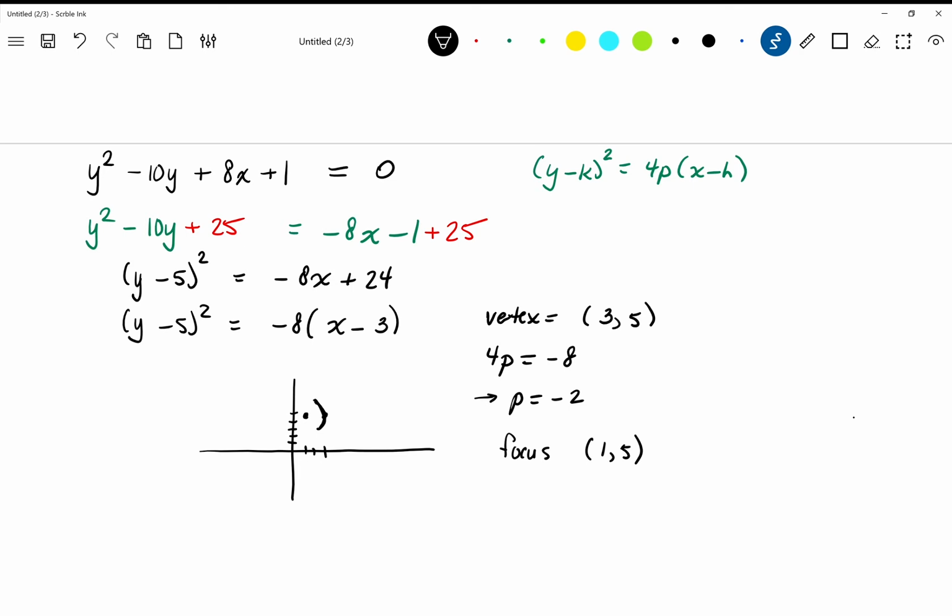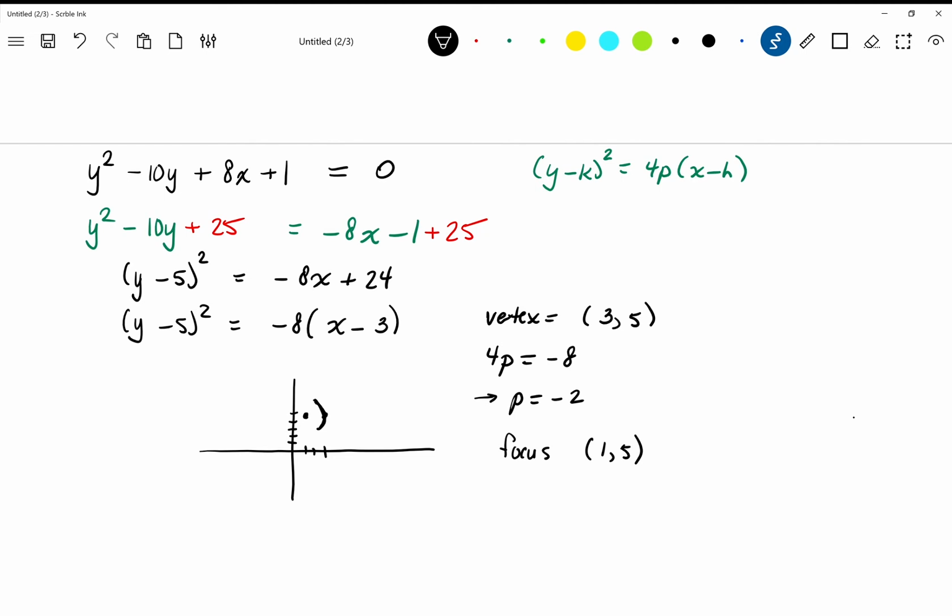Now the other part of the problem is, how can I get some more points on the parabola so I know exactly which way it opens? Because a vertex and a focus doesn't really tell me all that much. Remember that if the focus is p units from the vertex, the other two symmetric points on the parabola are 2p units from the focus.